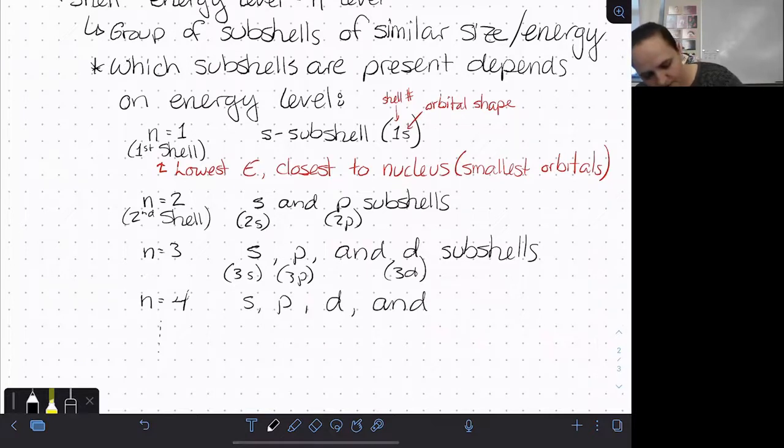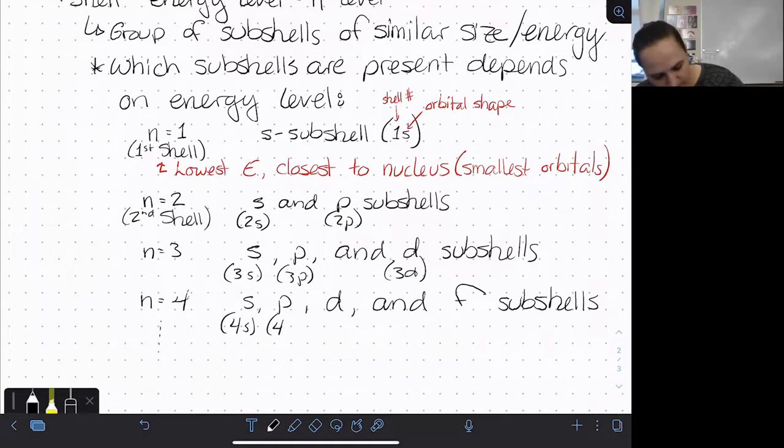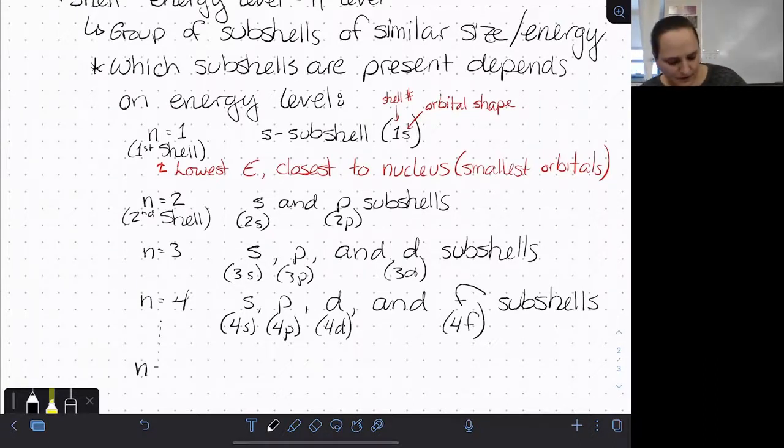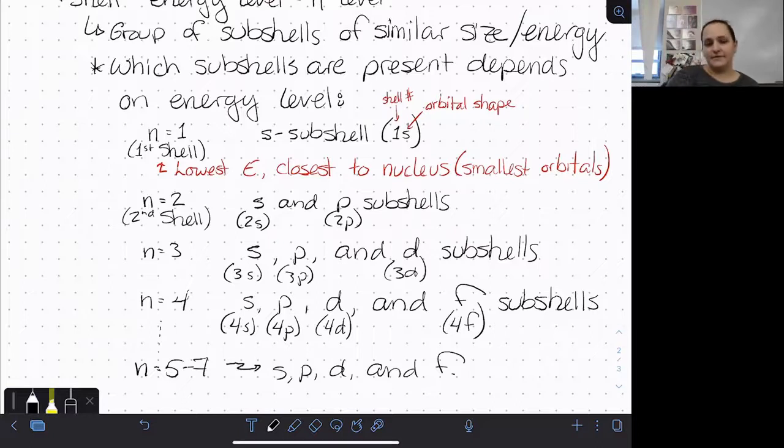S, P, D, and F subshells are finally all present, as the 4s, 4p, 4d, and 4f specifically. So n equals 5 through 7 also all contain S, P, D, and F as well. So after 4, everything else stays the same.